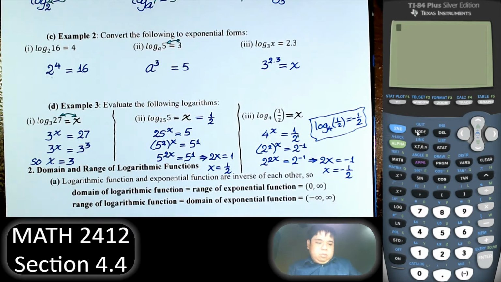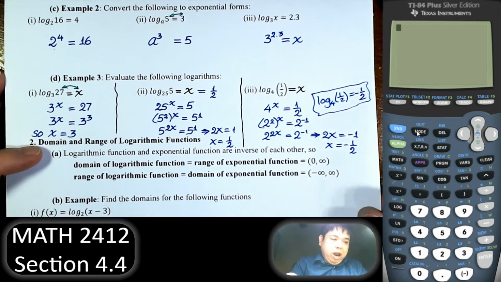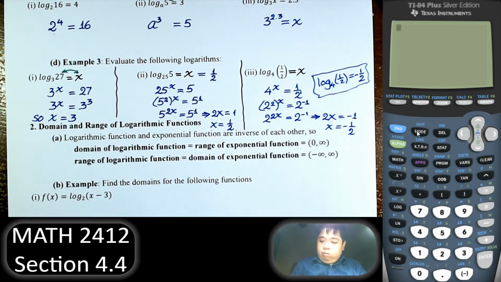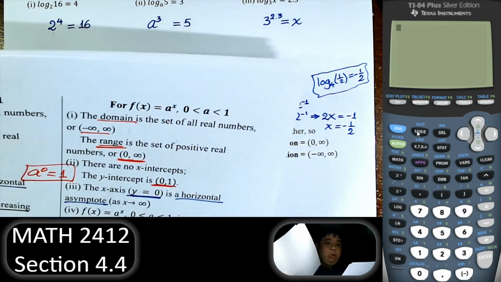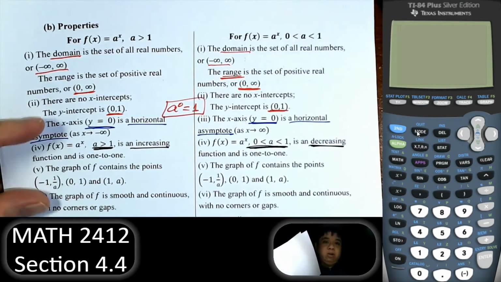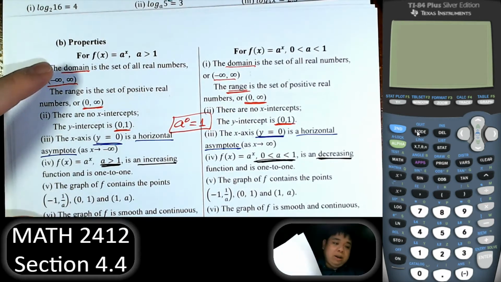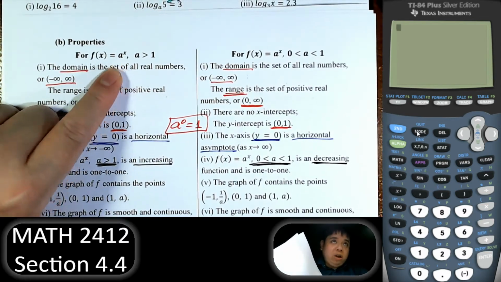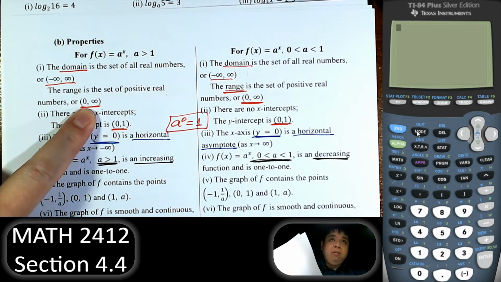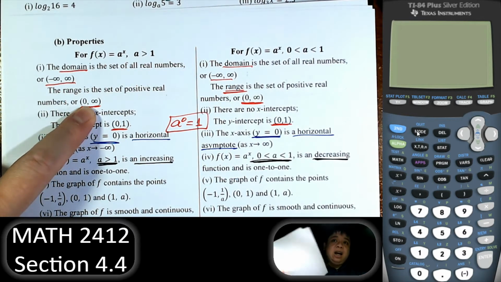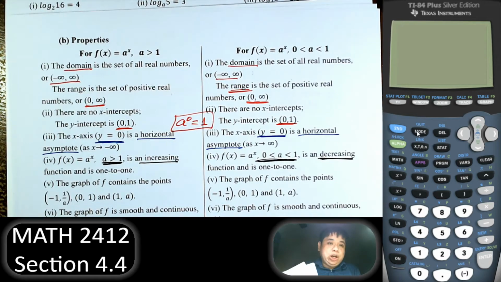Right, now before we go any further, we have to determine the domain and range of the logarithmic function. Earlier we said that the logarithmic function and the exponential function are inverses of each other. So I will go back to the exponential function. In the previous section we said for the exponential function the domain is all real numbers and the range is positive numbers. Since they are inverses of each other, we just need to interchange.